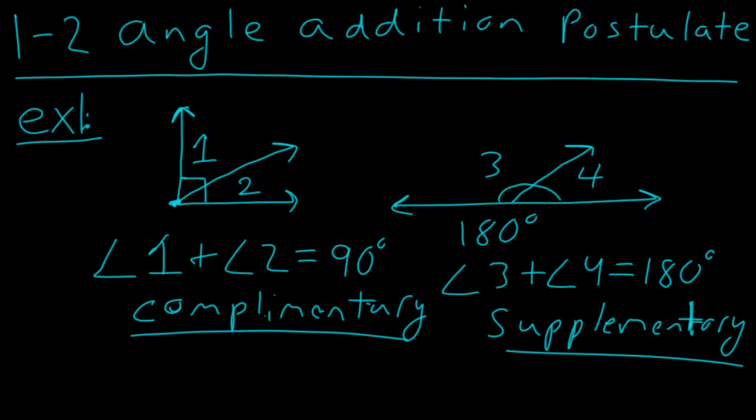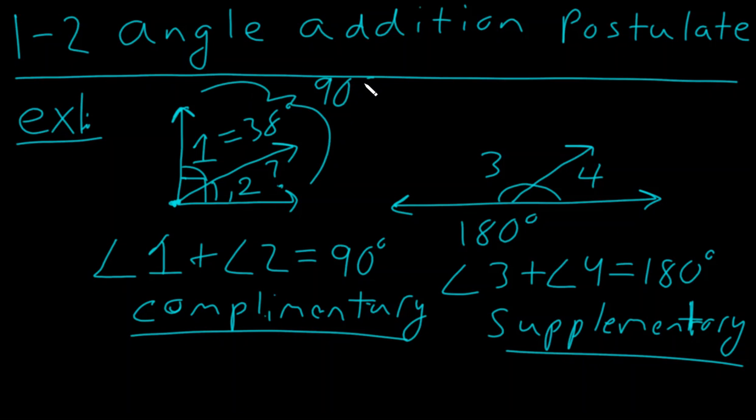But what does this look like in practice? Well, what if I was to tell you that angle 1 is actually equal to 38 degrees? Could you find angle 2? Well, of course you could. If the segment addition postulate says that one part plus another part equals the whole, well, it also applies to angles. Here we have one part plus another part equals the whole.